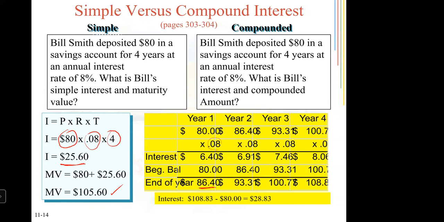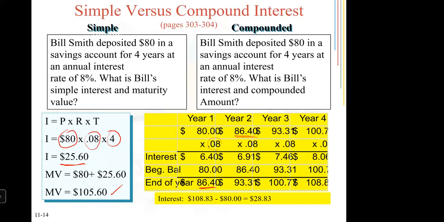So when it comes to year 2, you're going to now use that $86.40 as your principal and find 8% of that. With simple interest, every year, your principal will be the same. So year 1 would be 80, year 2, the principal will be 80, year 3, your principal will be 80, year 4, your principal will be 80.